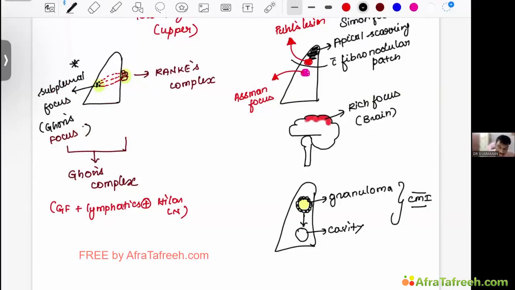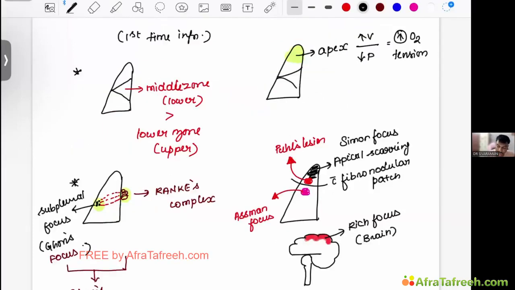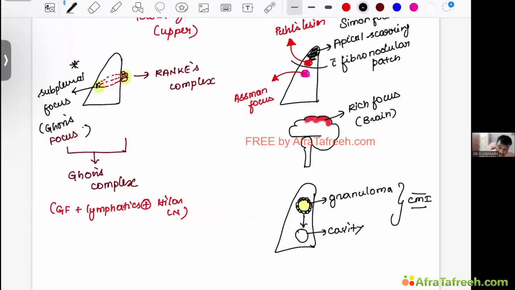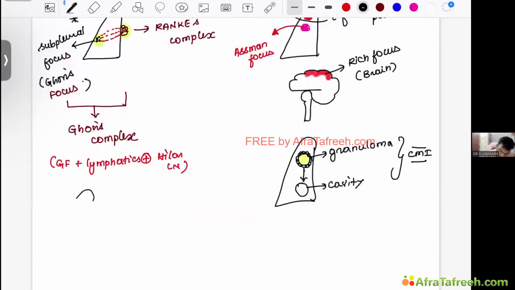This is the Rich focus in the brain, meninges. I am drawing secondary TB only. Whereas in primary tuberculosis, you don't get a cavity, because the cell-mediated immunity is very poor here.